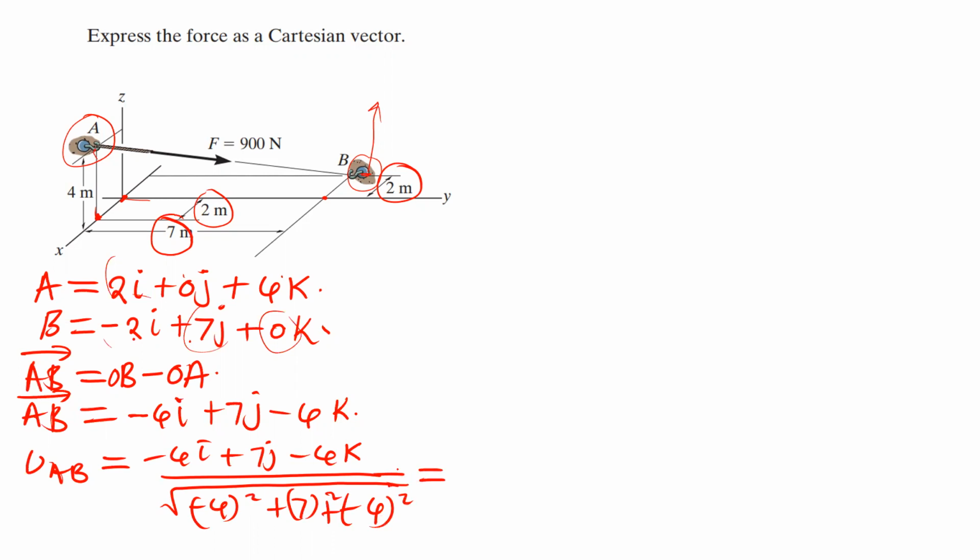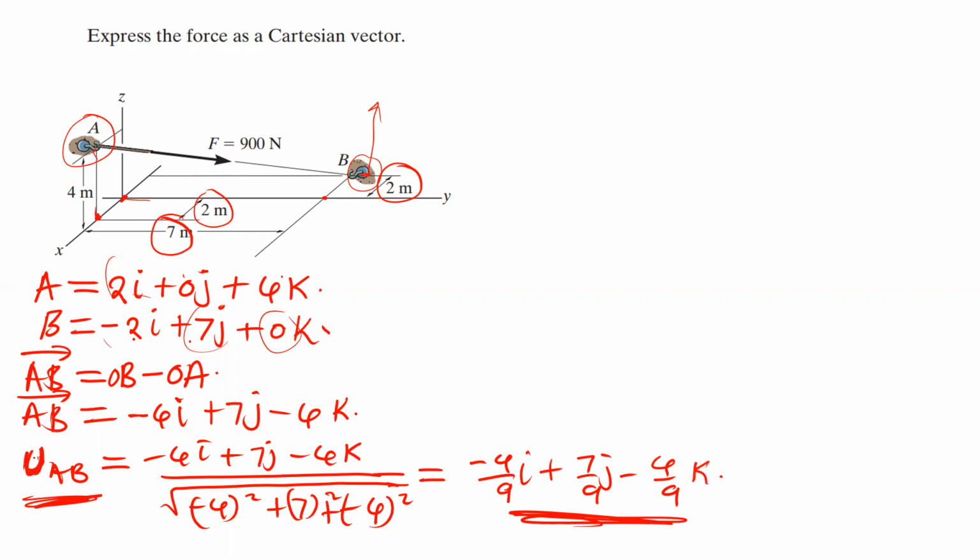So we have 16 plus 16, which is 32. 32 plus 49 gives us 81. The square root of 81 is going to give us 9. So we have negative 4 over 9 i plus 7 over 9 j minus 4 over 9 k. So this is the unit vector in the direction of AB.